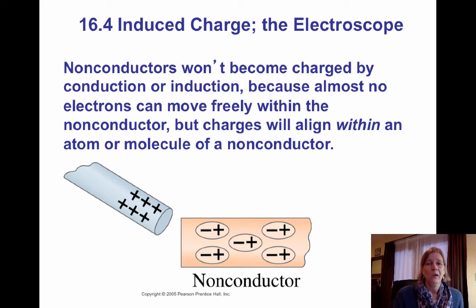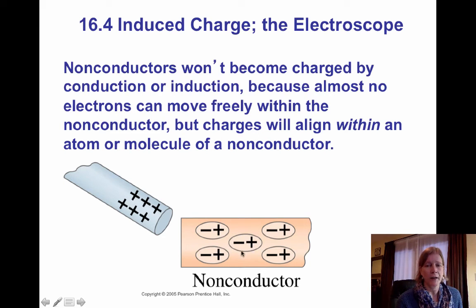Let's say, I'm going to do one of the things first. Non-conductors won't become charged by conduction or induction because almost no electrons can move freely within a non-conductor. But charges can align within an atom or molecule. So you bring a positively charged object near a non-conductor, and all the negative electrons will be attracted, pulled towards that positive charge, but they don't move.